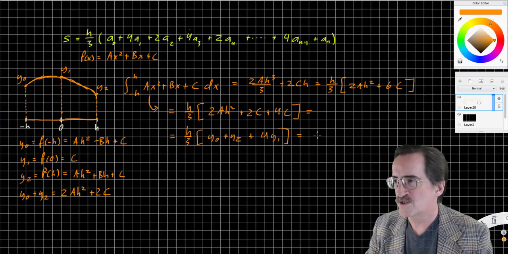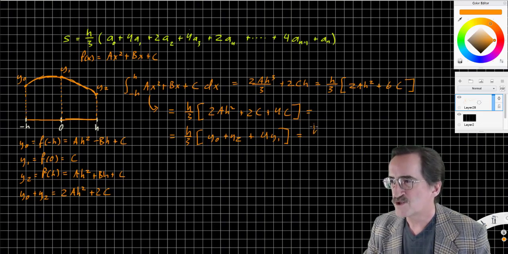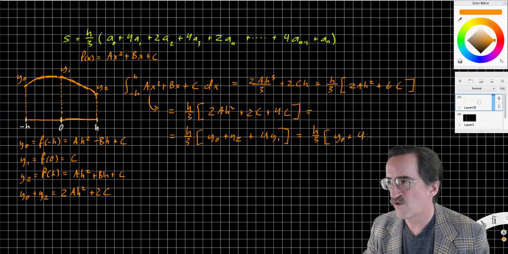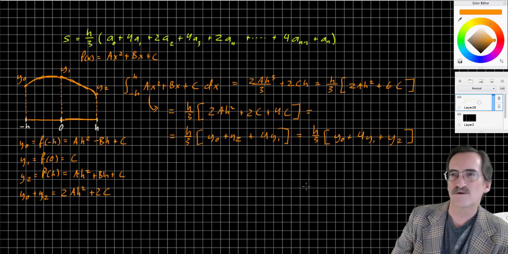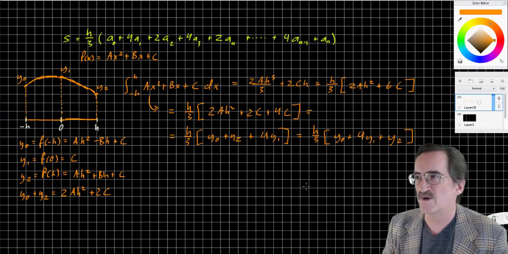And rearranging just a little bit more, we now have h over 3 times y0 plus 4y1 plus y2. And that should look very familiar if you look at Simpson's rule up above.